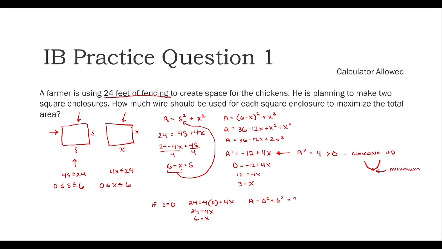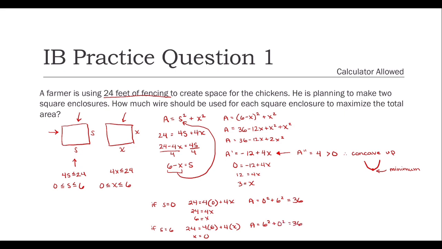So our area would equal 36. If S equals 6, then it's basically going to be the same thing because we have 2 squares, so they're the same shapes. So in this case, X would have to be 0. So ultimately, it would come out to the same thing of 6 squared plus 0 squared, which is 36.